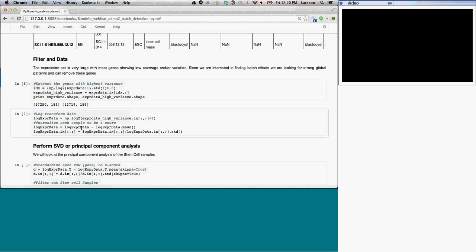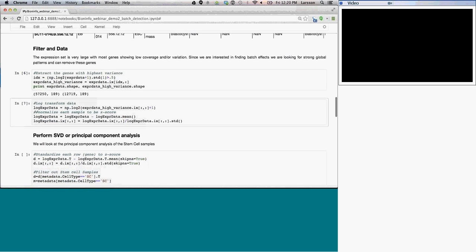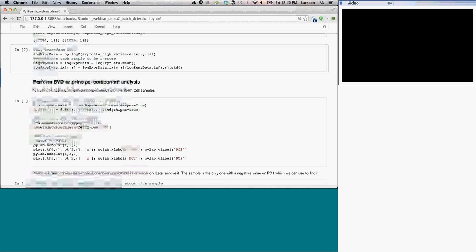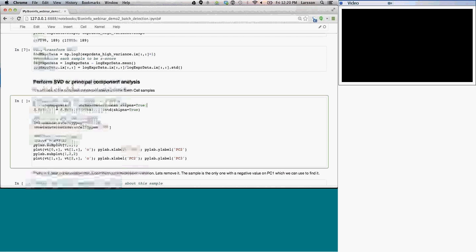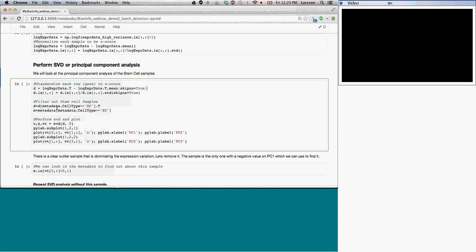This is just to make the statistics underlying the singular value decomposition more similar to a PCA. I did that by column, so this is standardizing each of the experiments, and then I'm going to do the same thing by standardizing across each of the genes as well.